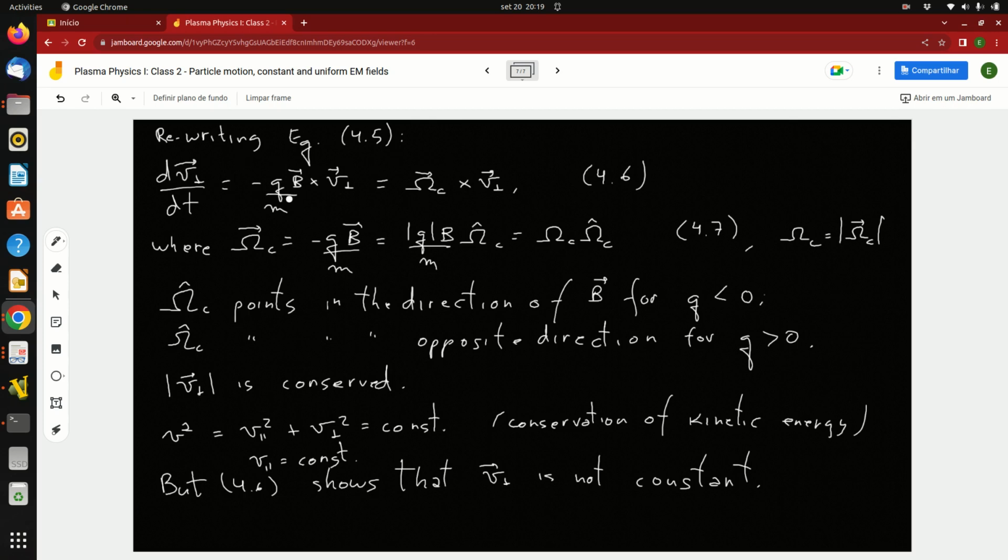It has to be perpendicular to both b and v because it's given by the cross product between b and v.